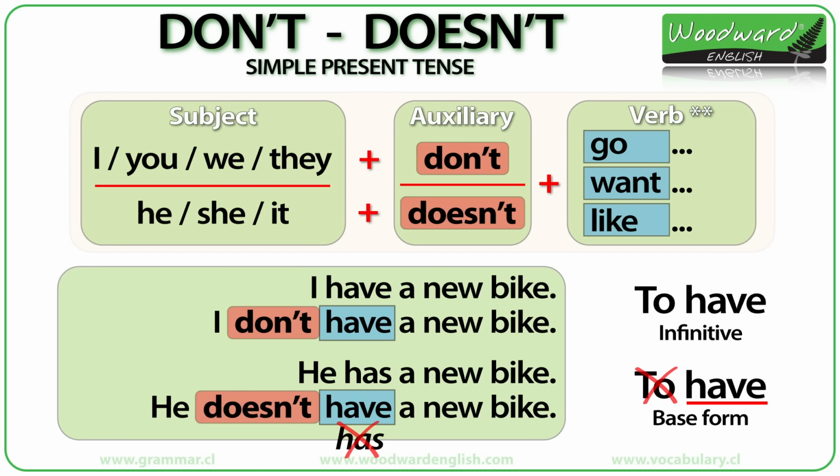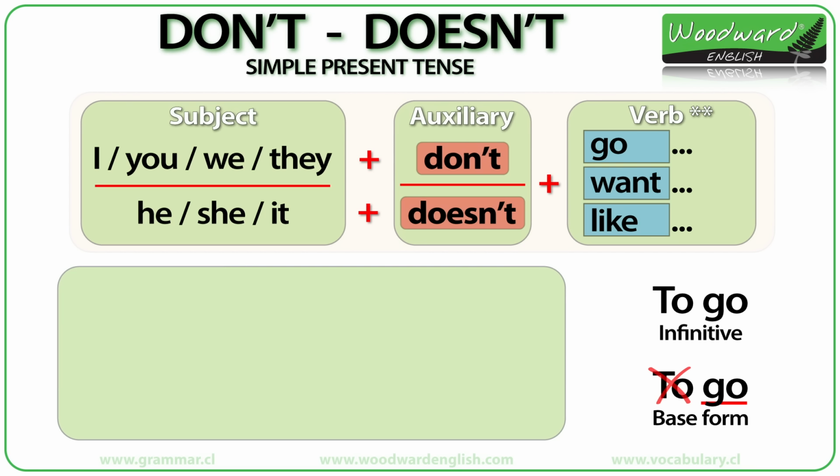Why do we use have in the negative and not has? Because the verb after don't and doesn't is the base form of the infinitive. The infinitive of has is to have. The base of the infinitive is have, without the to at the beginning. He doesn't have a new bike.